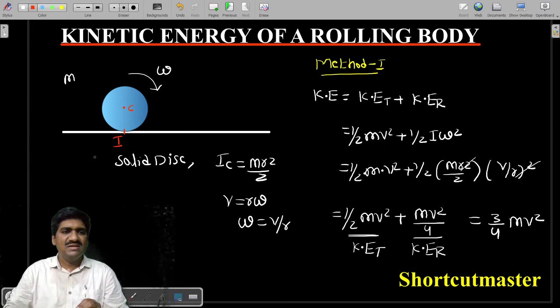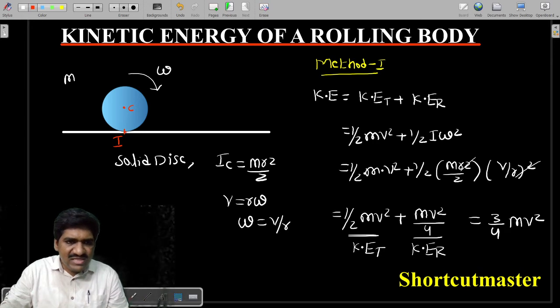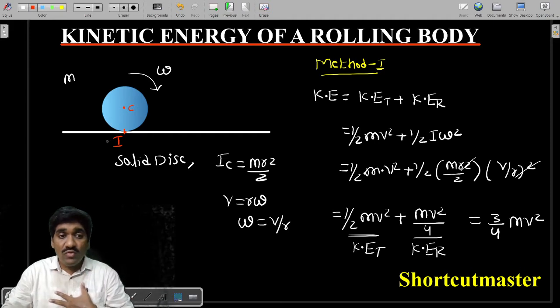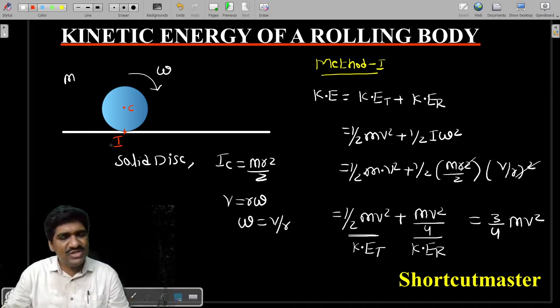That means when a body is rolling without slipping, this is the point at which we have zero velocity. Now I assume that the entire body is rotating about this point I, which is called the instantaneous center of rotation.